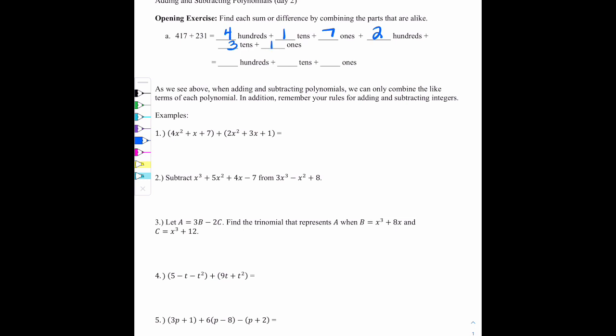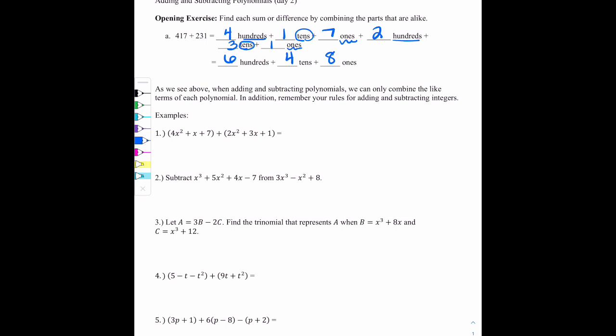So if we add those up, notice you're adding up the things that are alike. You're adding the hundreds to get 6. You're adding the tens to get 4 tens. And then you are adding your ones to get 8. So 417 plus 231 is 648.